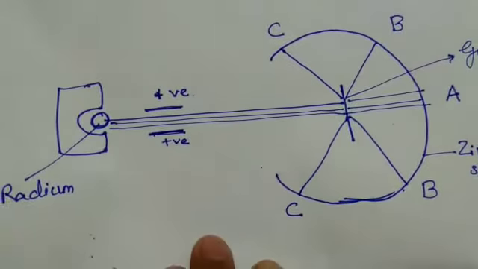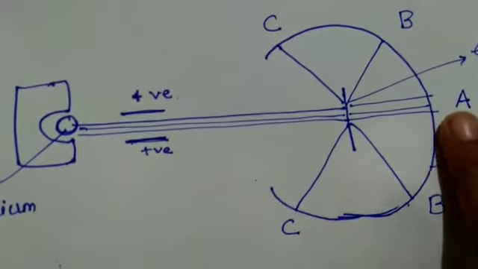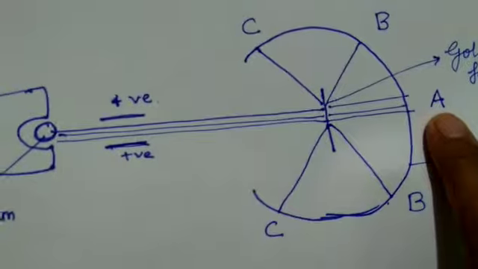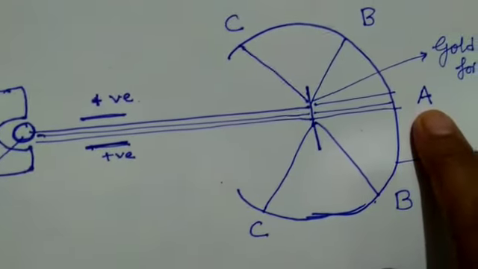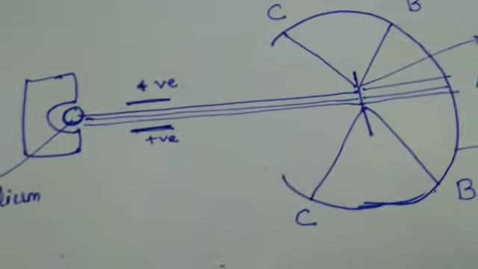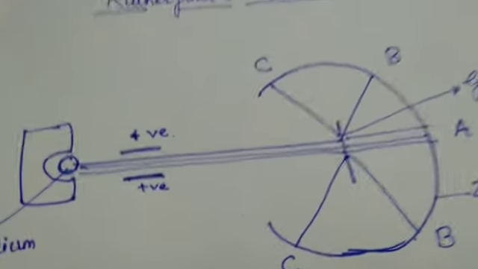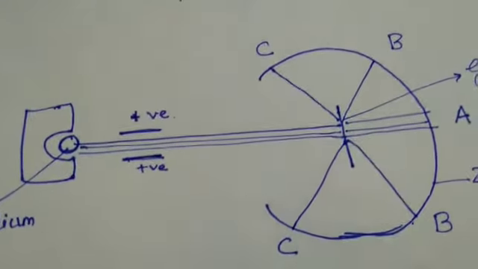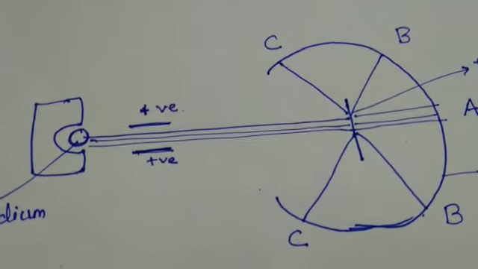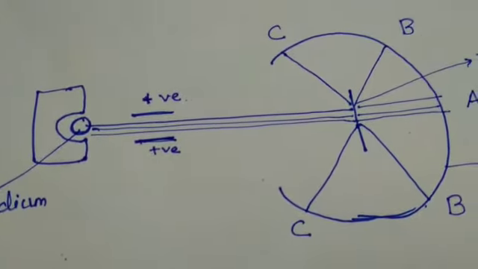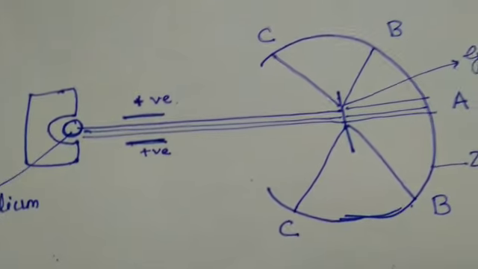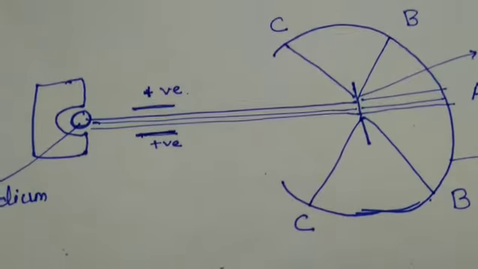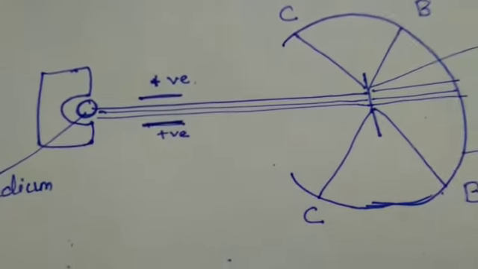It was also observed that the maximum glow was produced at point A, straight behind the gold foil. On the basis of these observations, he thought that the positively charged particles are not evenly spread throughout the gold foil, but are concentrated in some parts of it.